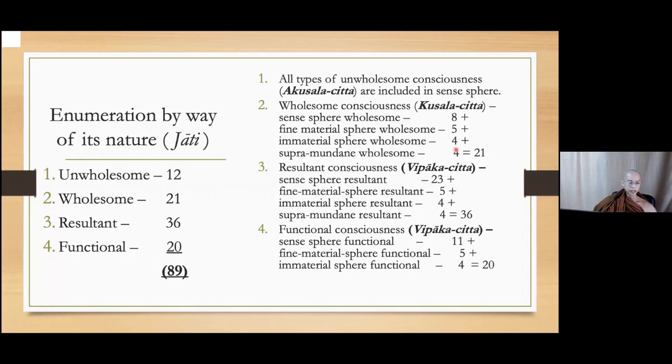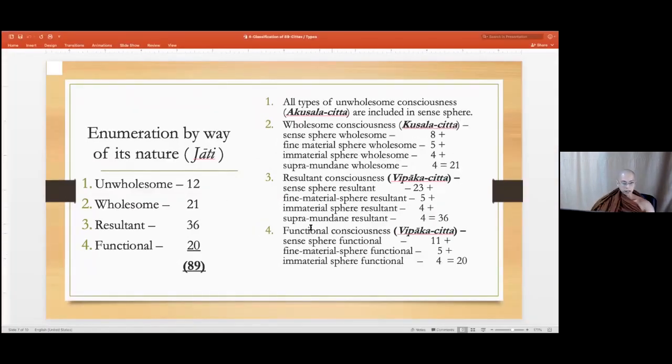In the same way, in the immaterial sphere, which escapes the production of unwholesome, it is the same as the wholesome consciousness. So in the immaterial sphere wholesome 4, and in the same way, immaterial sphere resultant also 4. Okay, and supramundane resultants are 4. So altogether 36 resultants, vipaka citta.